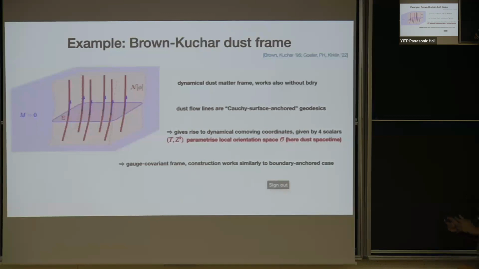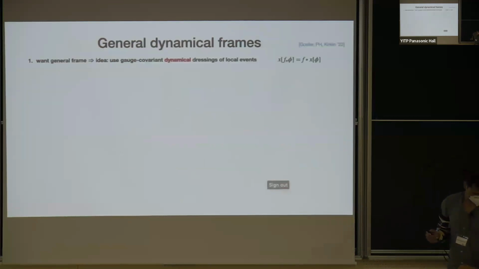So this is just to provide you some intuition how things like this can be realized, but there are of course zillions of other ways. Now if you want to have a more general setup, I'll give you a one-slide overview of how we treat dynamical frames more generally in general covariant theories, and what we can do with it.